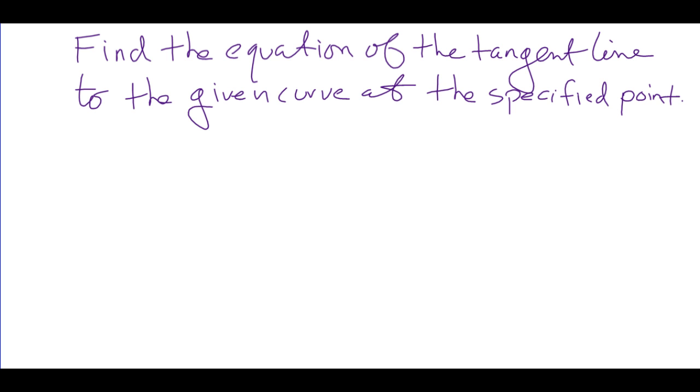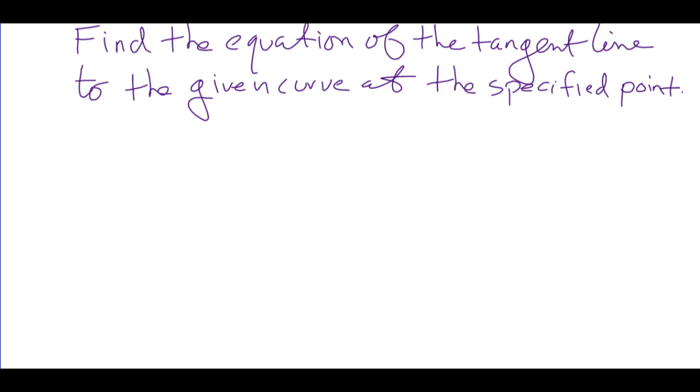So it's sort of just a general instruction, right? I'm going to give you a curve and a point. This could be the instructions for like question 3, and then there's like A, B, C, D. But I'm not doing A, B, C, D. We're just doing the one.